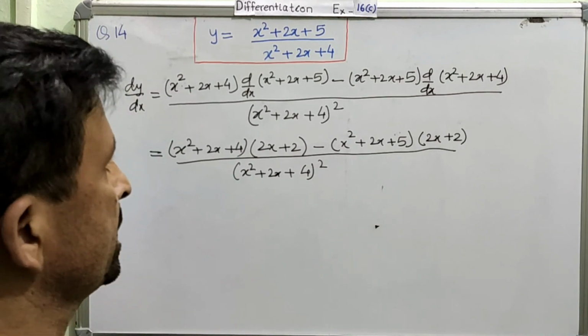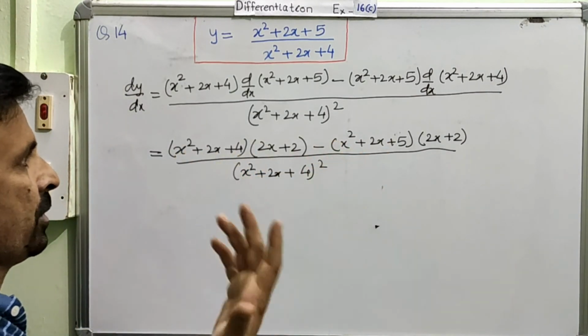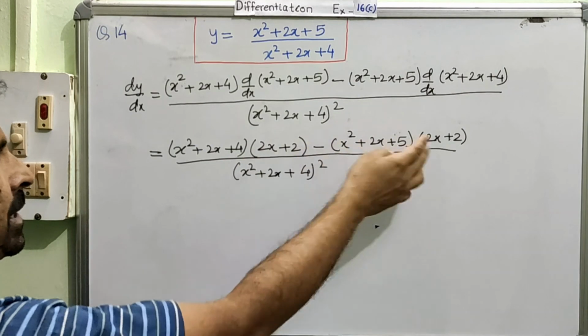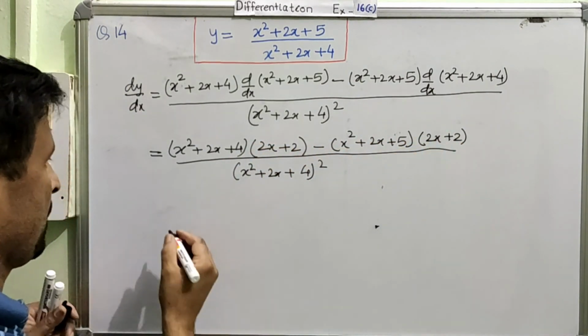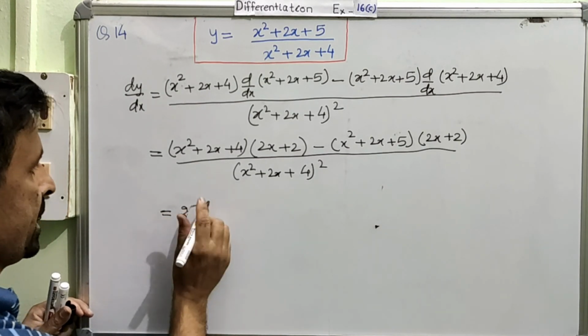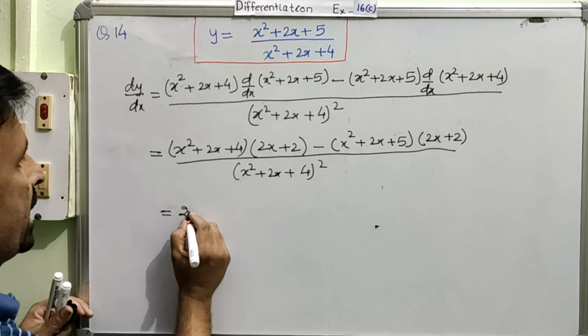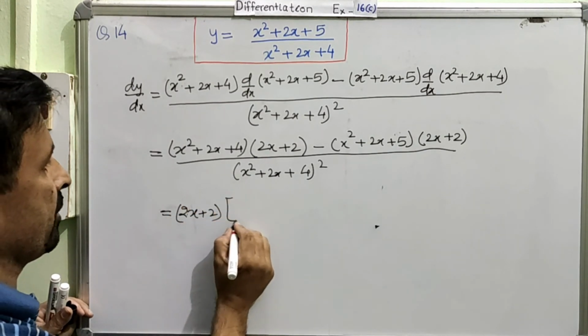Okay, very nice. What we can see here is, I thought now we will multiply, but we don't need to multiply because we can see here there is something common, right? 2x plus 2 and 2x plus 2 common. So take it out. 2x plus 2, the common factor will be taken out. 2x plus 2 is out, and then remaining will be what?